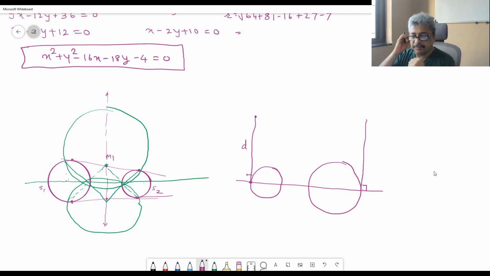Now we want the length of tangent from the point to be equal to D, but these two D's are not intersecting. Then what will we do? With the center, we will rotate this point along the center. So it will be a concentric circle like this.